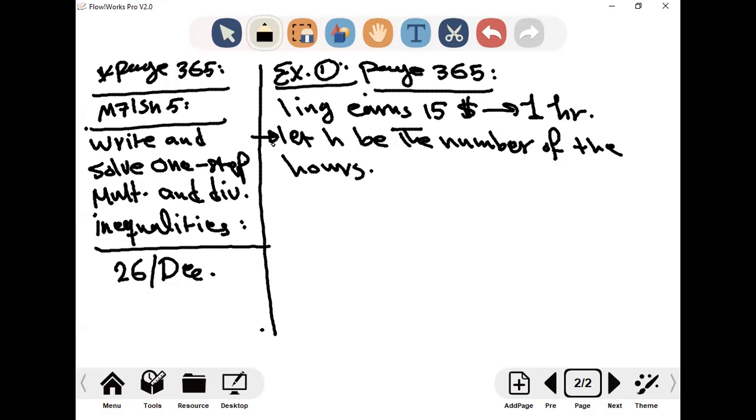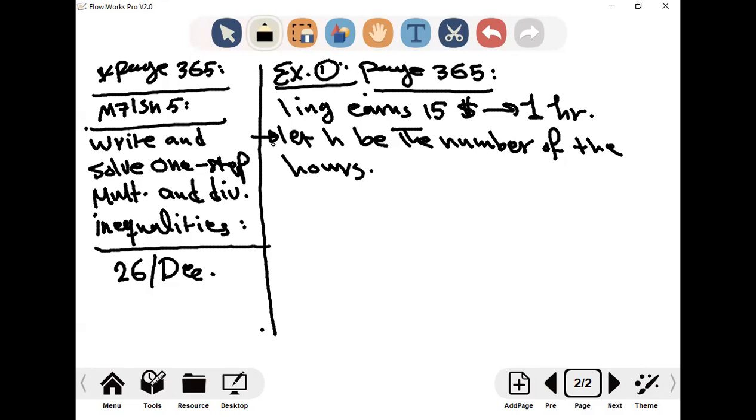So to know the total of the money she will earn at the end of the month, we multiply the number of the hours by 15. What's the 15? How much money she takes? 2 hours, $30. Right. 3 hours, $45. 4 hours, $60, and so on, right?